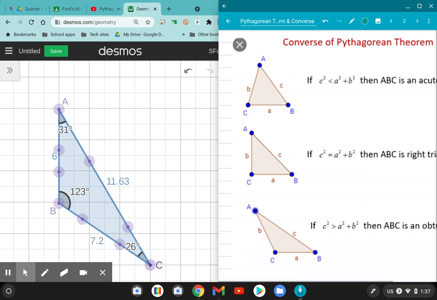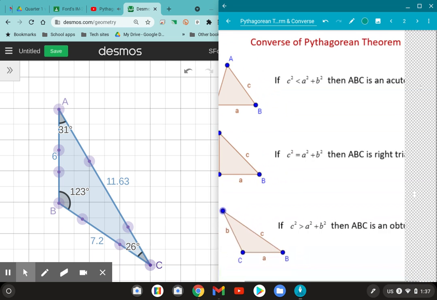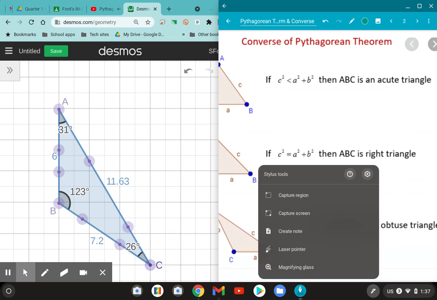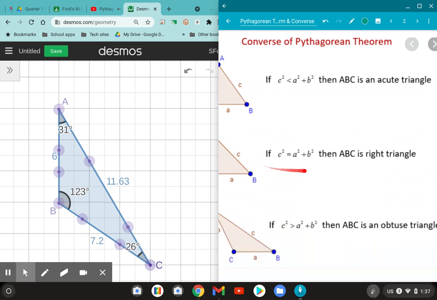And that's the next thing we're going to go over, the converse. So here, we can see if it does equal it, it is a right triangle. If c squared is bigger, then it's an obtuse triangle. And if c squared is smaller, it's an acute triangle.